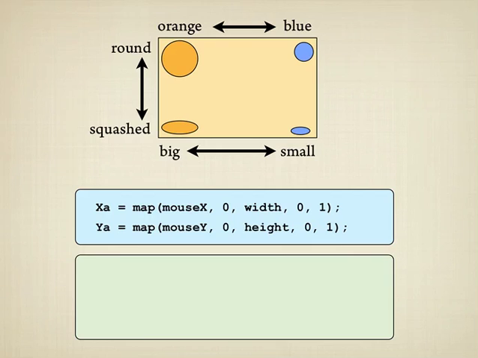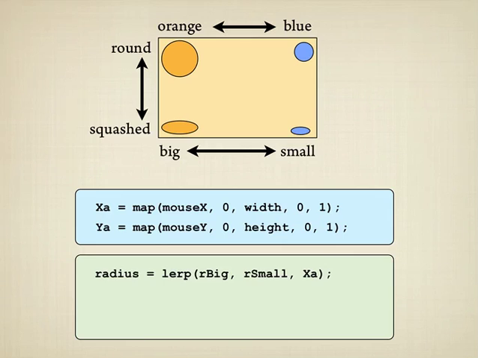Looking at the sketch, we can see the radius is big when we're at the left-hand side and small when we're at the right. In other words, when xa is 0, we have a big radius, and when xa is 1, we have a small radius. Well, that's just a lerp statement.